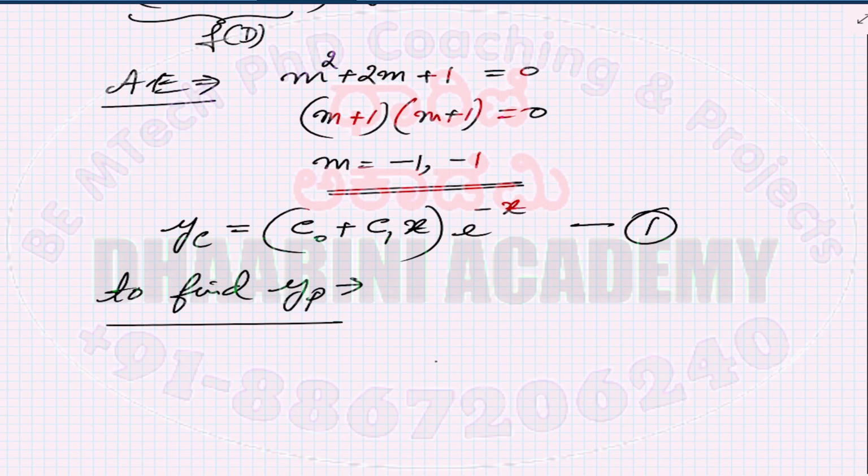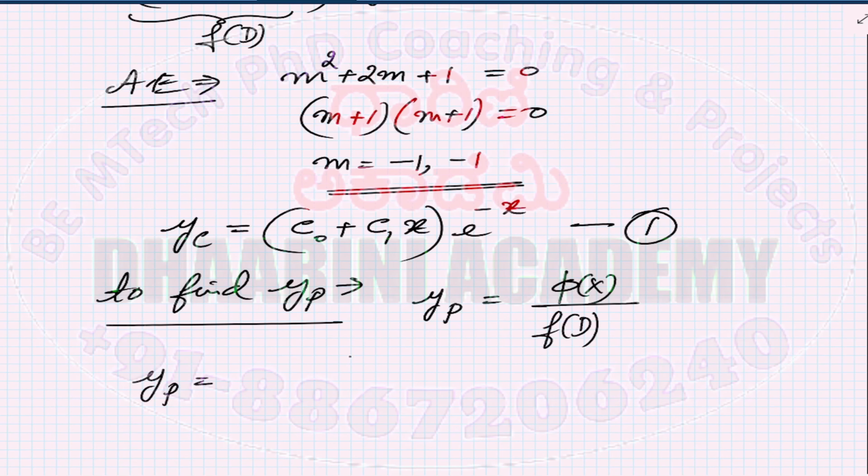So the standard procedure to find yp: yp is equal to the phi of x given in the problem divided by the f of d. So yp is equal to, let me write the phi of x given in this problem, cos hyperbolic x by 2 whole divided by f of d.